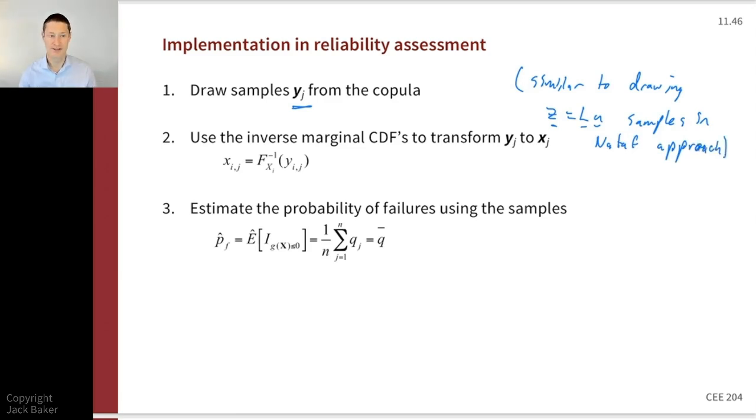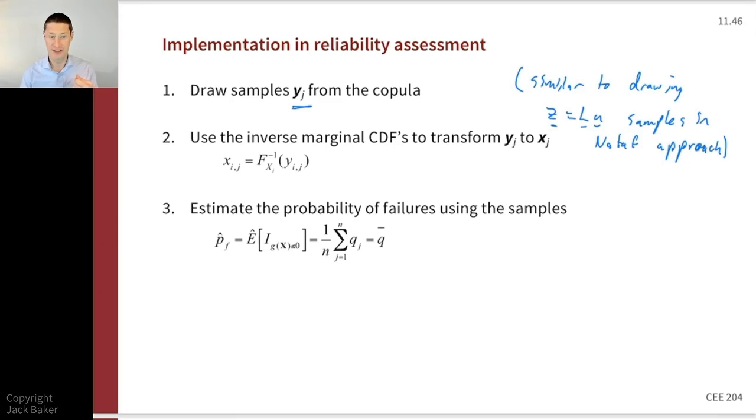Remember when we were drawing samples using the Nataf distribution, I'd draw independent normal samples, pre-multiply them by that L matrix to introduce correlation and get the z's, and then use the z's with our inverse method. So here the y's are playing the role of the z's.